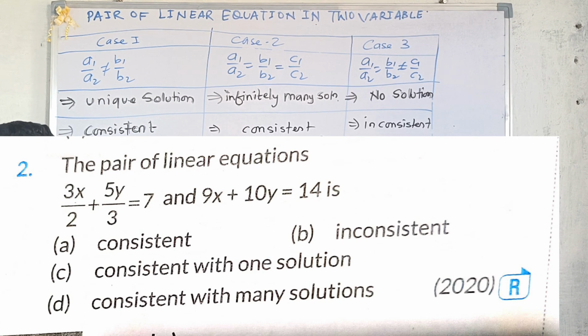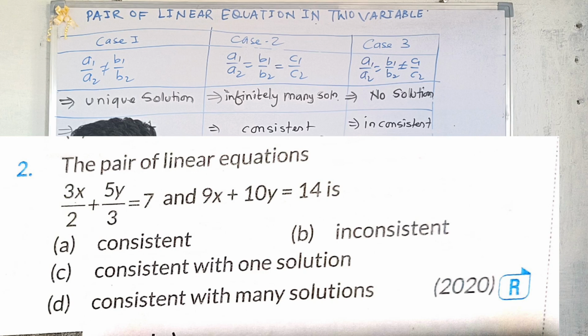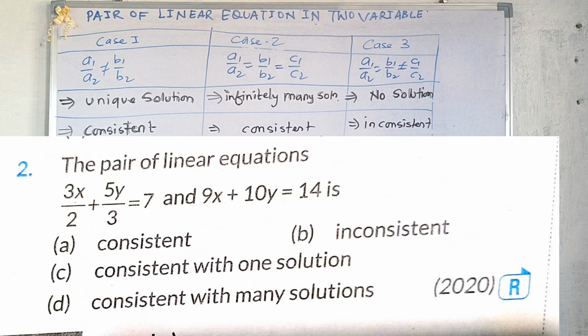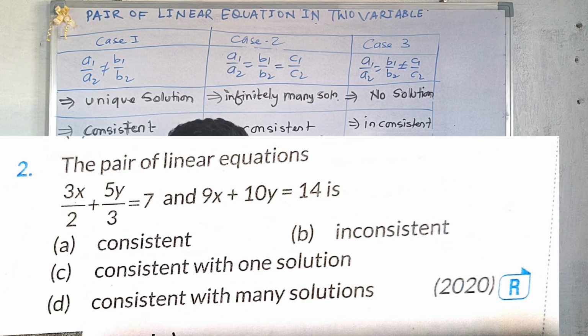Here, on comparing with the standard form, we get a1 is equal to 3 by 2, b1 is equal to 5 by 3 and c1 is equal to minus 7. In the same manner, a2 is 9, b2 is 10 and c2 is minus 14.